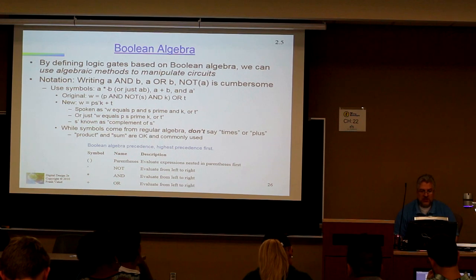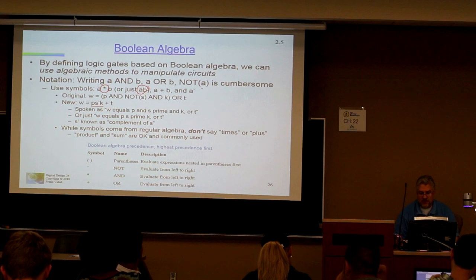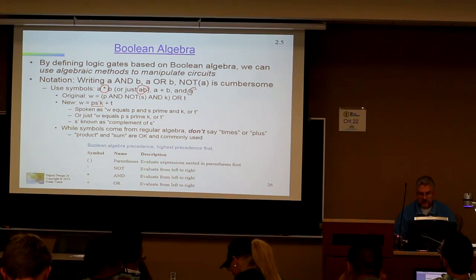So we use this symbol. It kind of looks like you're multiplying, this asterisk. But we actually just put it right next together, AB, right? So this here would be P and not S and K, because we have this little apostrophe right after the A that says it's a NOT.